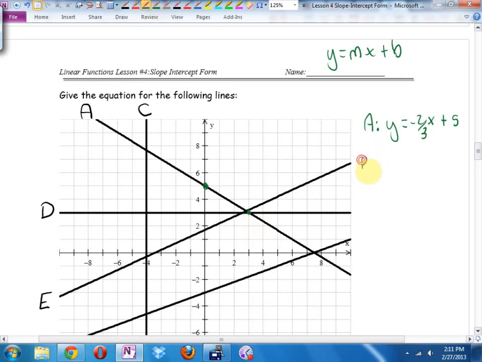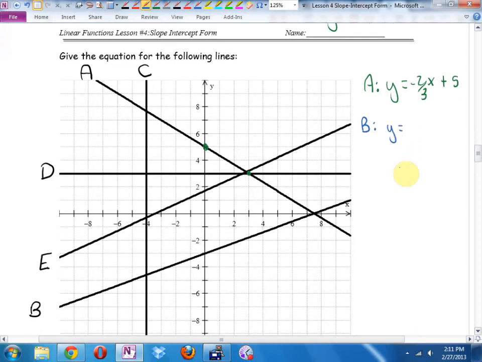B. Y equals what? What's negative 3? Oh, so leave a space, and you're saying put a minus 3 there? Yep. What's the slope? 2 over 5.